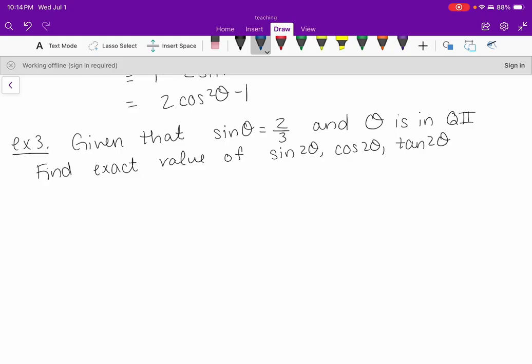Very similar to our last problem, but now we have the double angle identities to use.